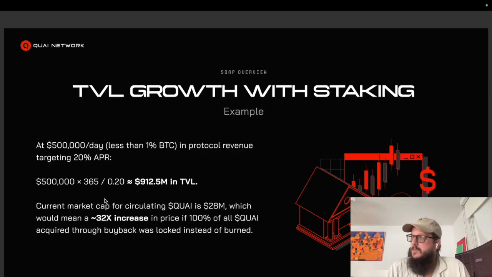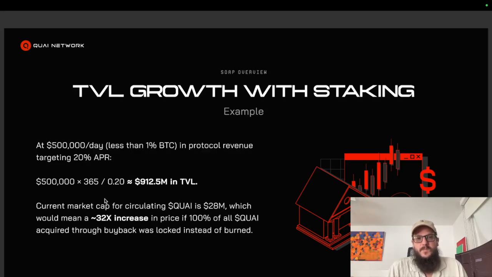The net effect of that is that if you add staking, you actually get a multiple. If you add burning, it's helpful, but it doesn't create any type of force multiplier. But by using those buybacks for staking rewards, you can get more capital to come in than you would if you just burned the tokens.